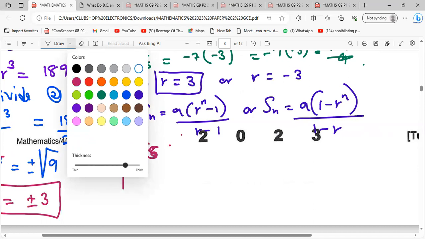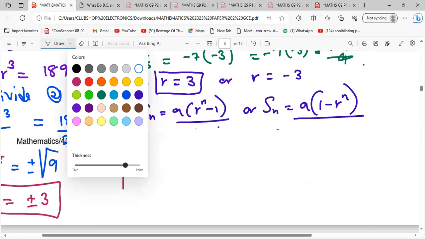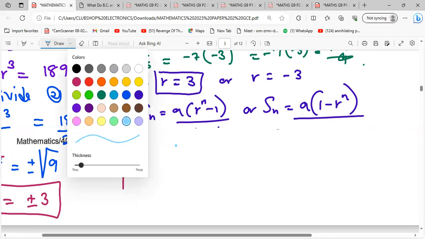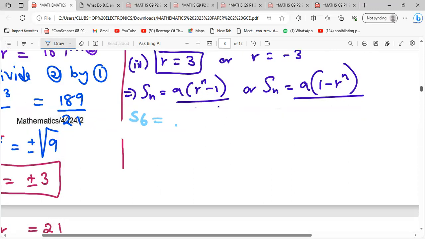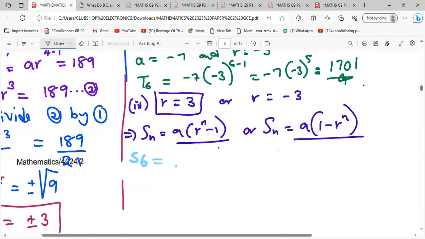S5 is equal to our first term, which is 7.